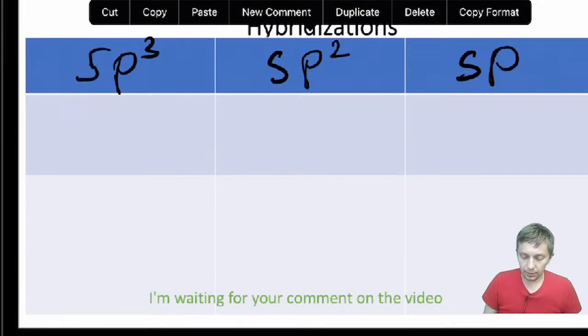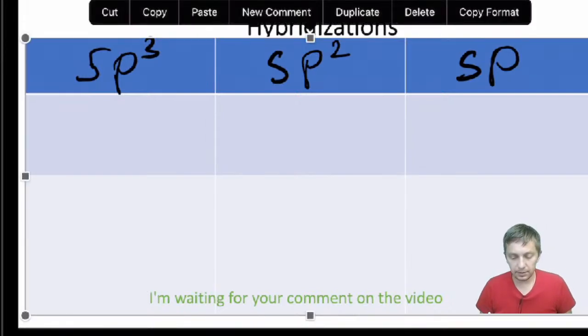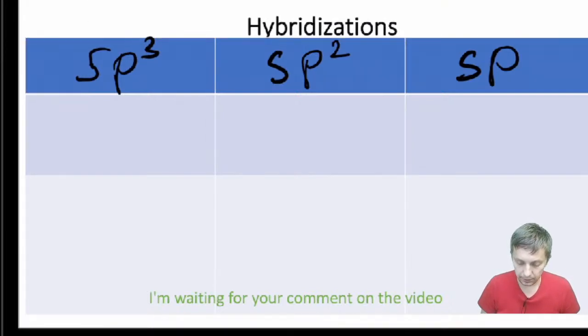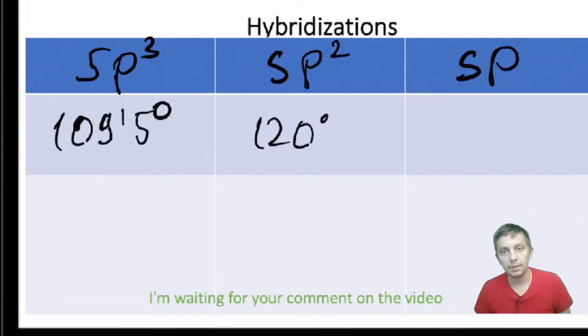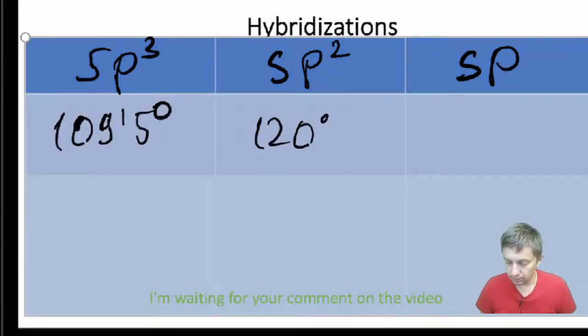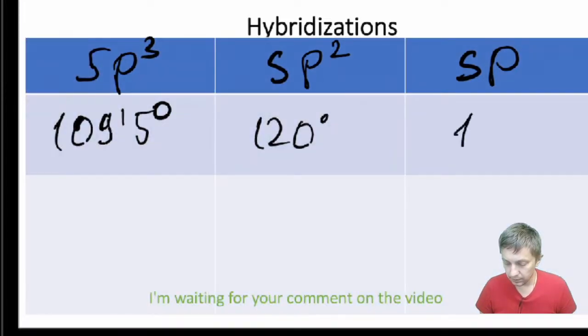For sp2, we have angles of 120 and a planar structure. 109 and a half is for sp3 hybridization, and if we're talking about sp, the angles will be 180.